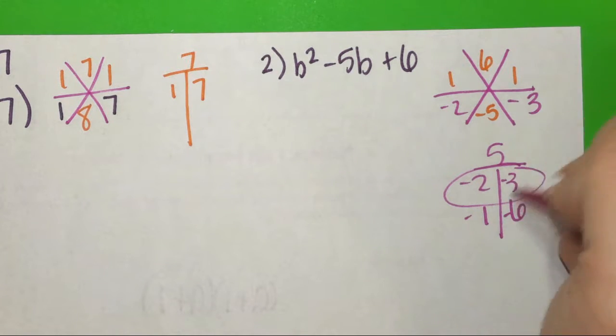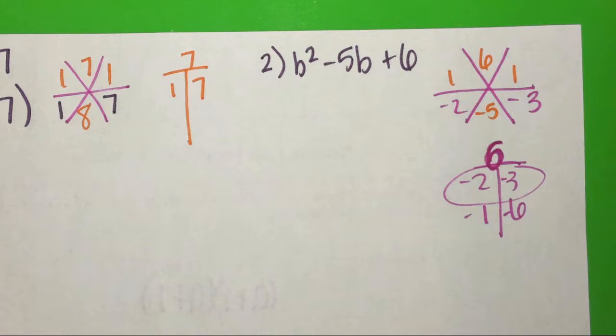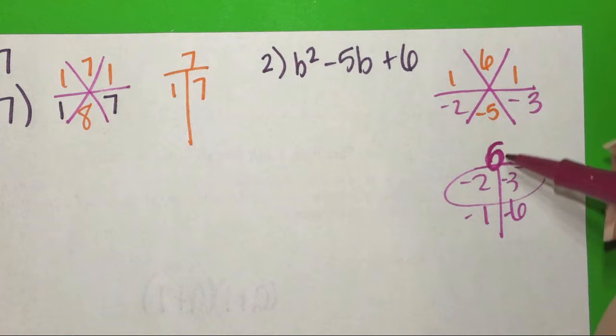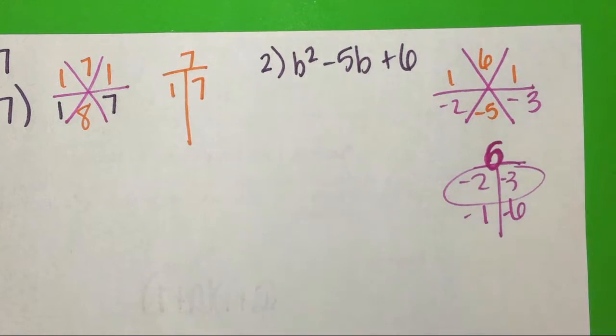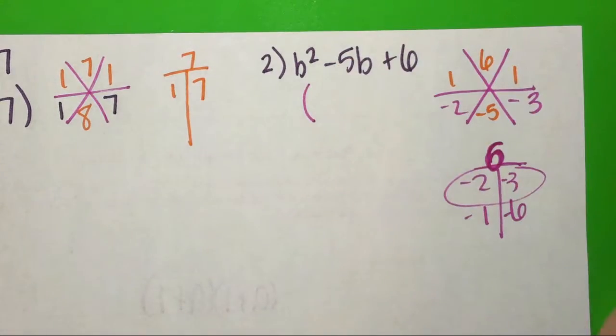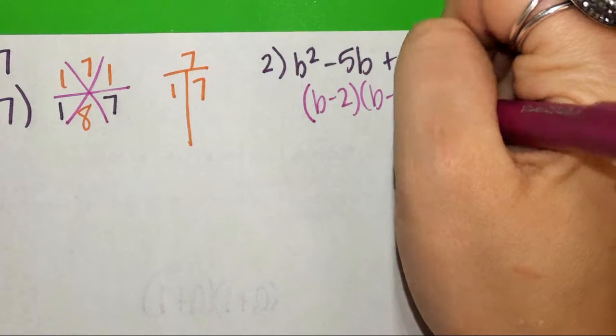Okay. So this should be 6 right here, not 5. We were multiplying to get the right thing and adding. I just wrote the wrong number. Alright, so what goes in our parentheses? B minus 2, B minus 3. Good. B minus 2, B minus 3.